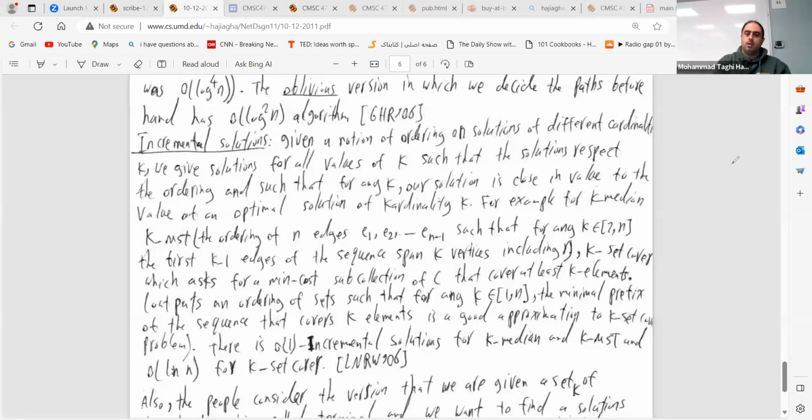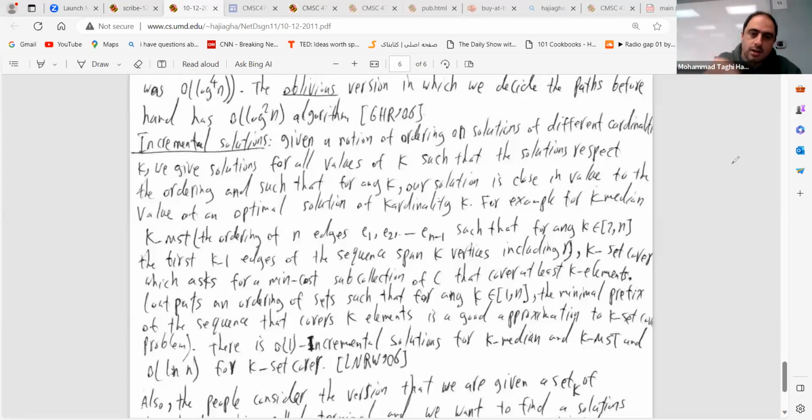Good. Okay, so the next thing that we are talking about is incremental solutions. What are incremental solutions? This is somehow in between these two problems, oblivious solutions and universal solutions.